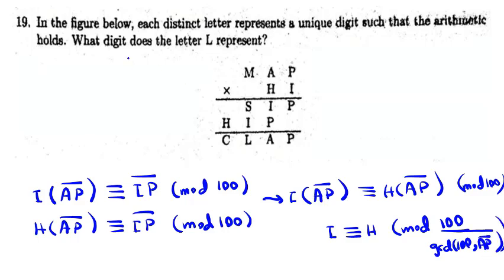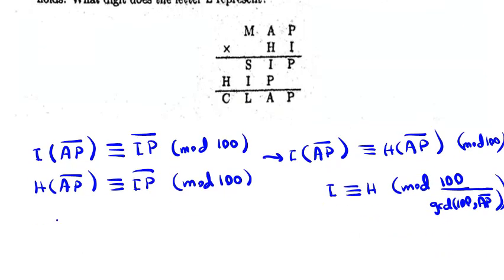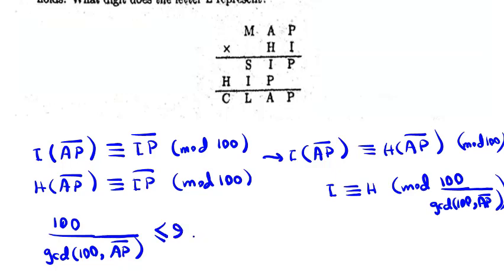Because the problem says distinct letters, we know I is not H. For example, if the GCD is 1, then they are congruent mod 100, and because they are digits, they are equal.